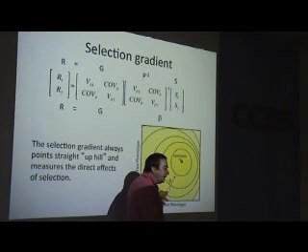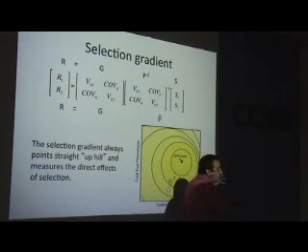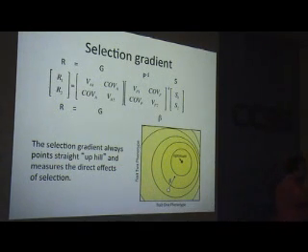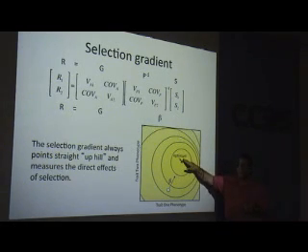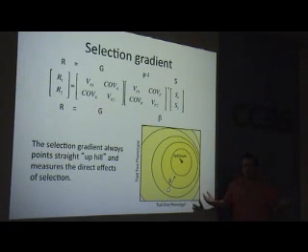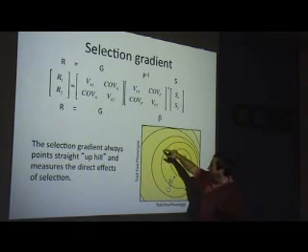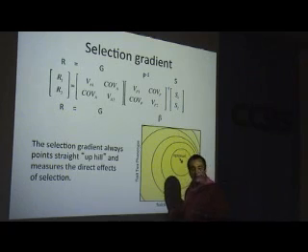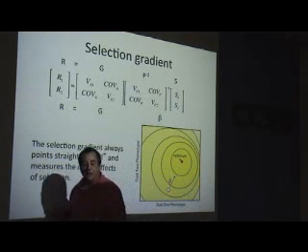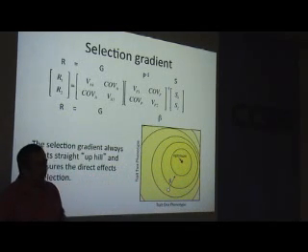This is where the population is. And what beta does is it always points directly uphill. It's going to point exactly at this optimum, regardless of where the population is. Of course, the S vector isn't going to do that because it's got the correlations in it.